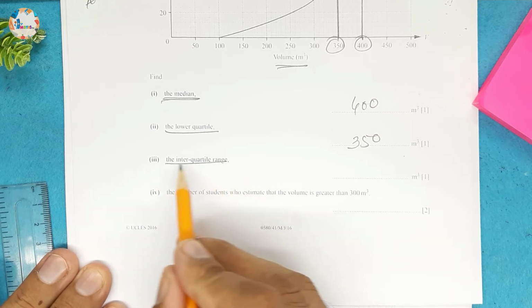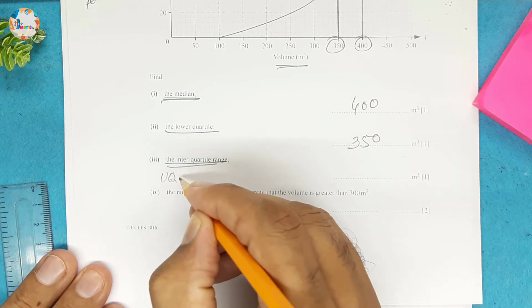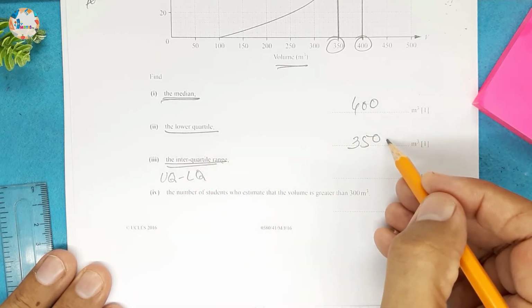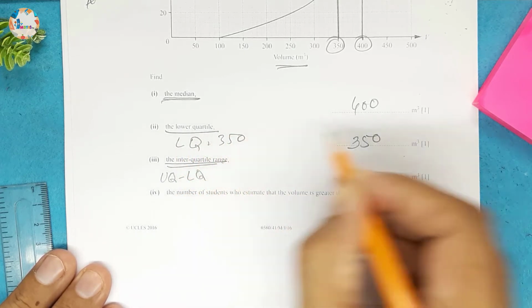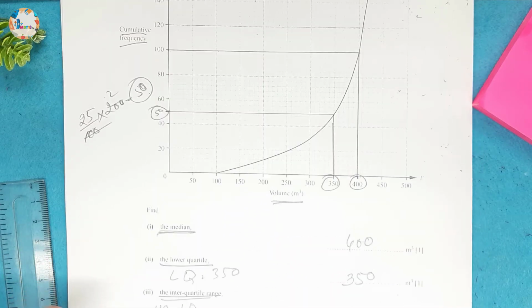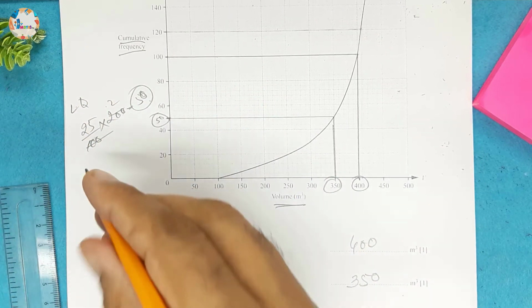Then they are saying interquartile. Interquartile is basically upper quartile minus lower quartile, and lower quartile we found here, which is lower quartile is equal to 350. So upper quartile we will be finding. This is our lower quartile. Now we can calculate the upper quartile.